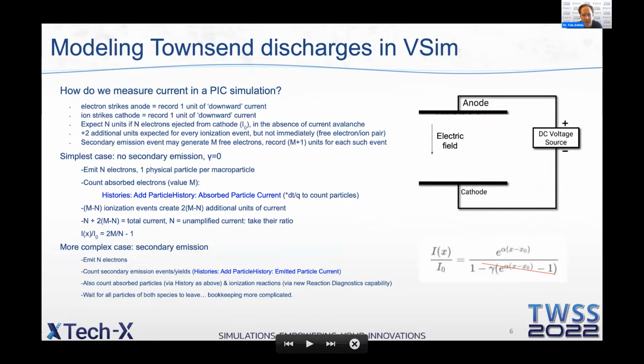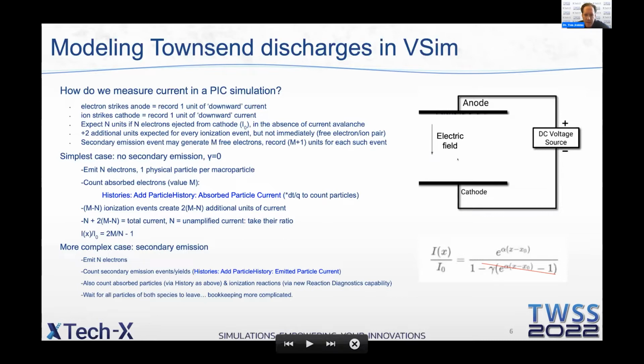Now here, if we have an electron running up the field and hitting the anode, we'll call that 1 unit of downward current, if you will, because of the sign of the electron being negative, we'll flip the direction. We have an ion that hits the cathode, we'll also call that a unit of downward current, and so that's another +1. So essentially, if I kick off some number of electrons from the cathode, I expect to get at least that many at the anode.